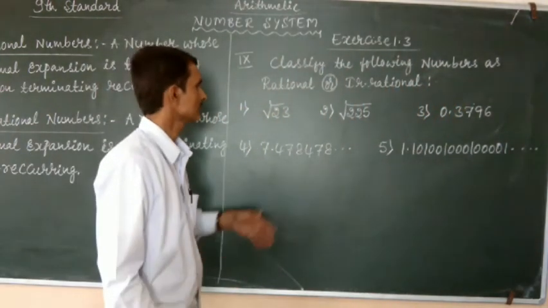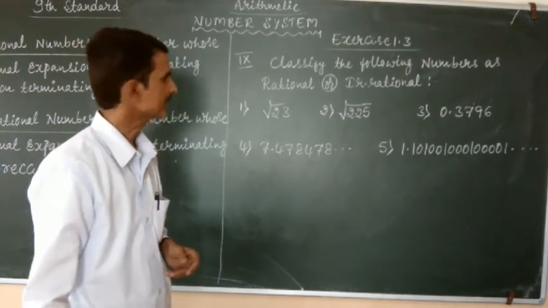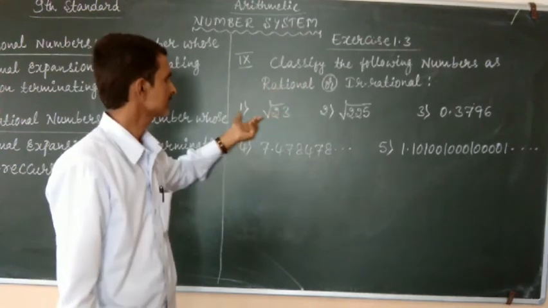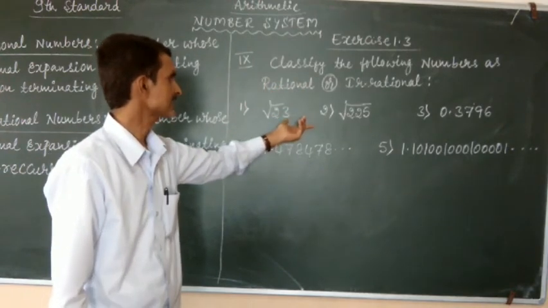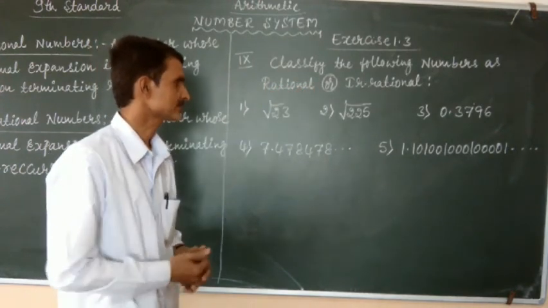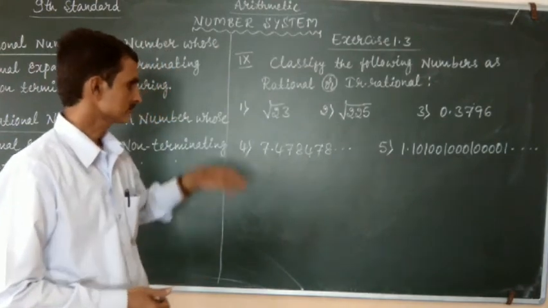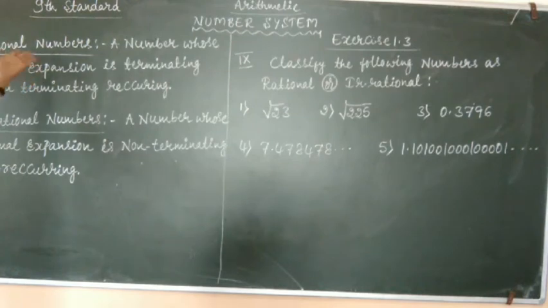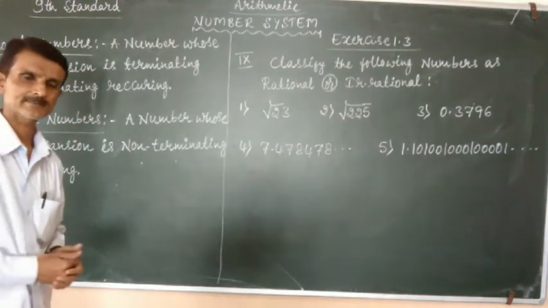Students, observe this problem. Here we have to classify the given numbers as rational or irrational. By the definition, a rational number is a number whose decimal expansion is terminating or non-terminating recurring.